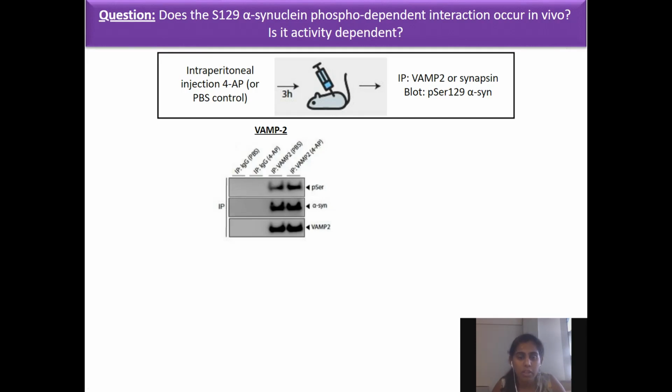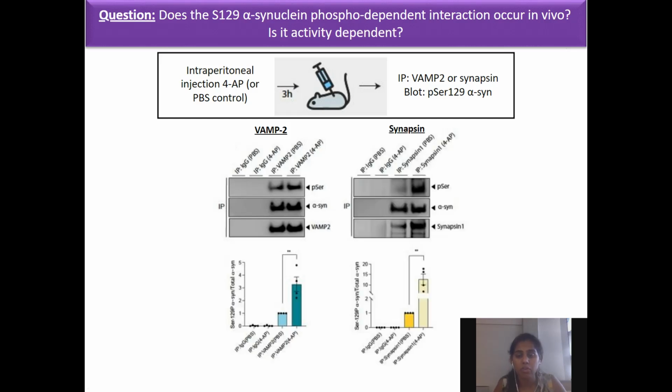So the blot shows that in the last lane where VAMP2 is pulled down and the mice are treated with 4-AP, we see an increase in phosphorylated alpha-synuclein as compared to the PBS treated control. And we see a similar profile when 4-AP treated mice are pulled down with synapsin.